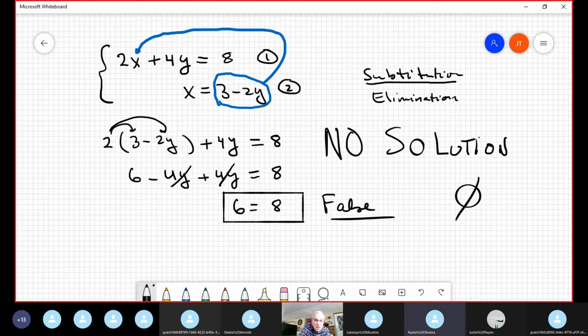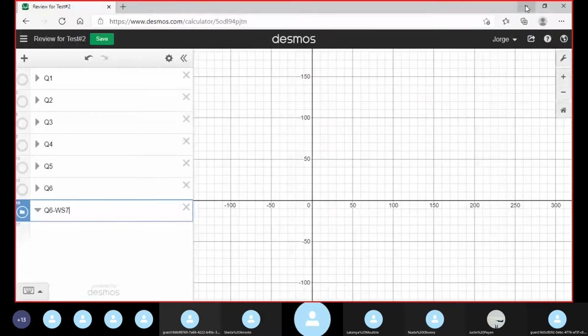Professor, we cannot see the Desmos. Sorry. Now you see? Yes, Professor. Okay, I created a folder. Let me complete the idea. Worksheet.